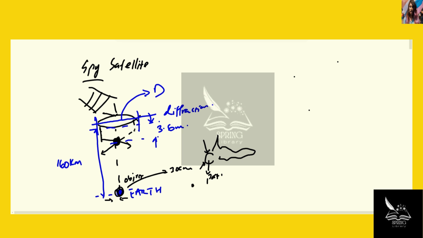Of course, with our bending light, lambda is 550 nanometers. So this is the information given in this problem. We see that the distance from the lens up until the ground is 160 kilometers.